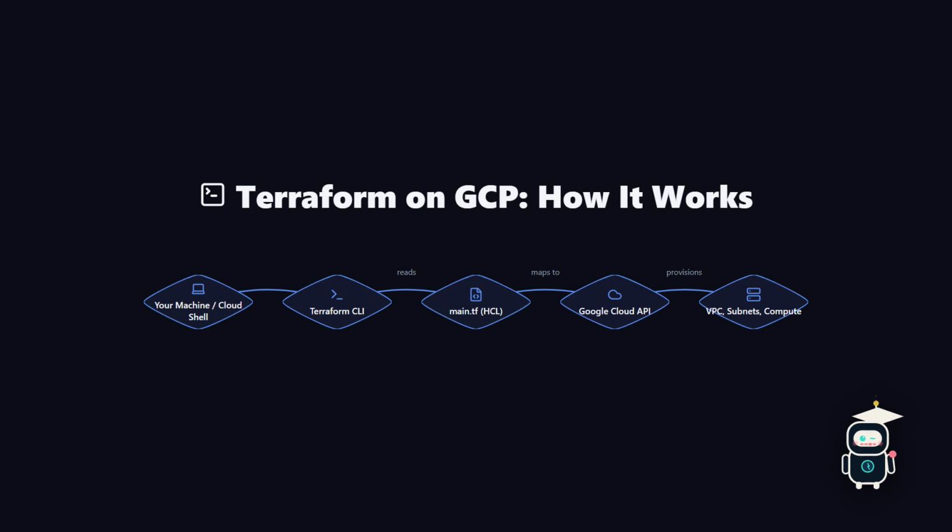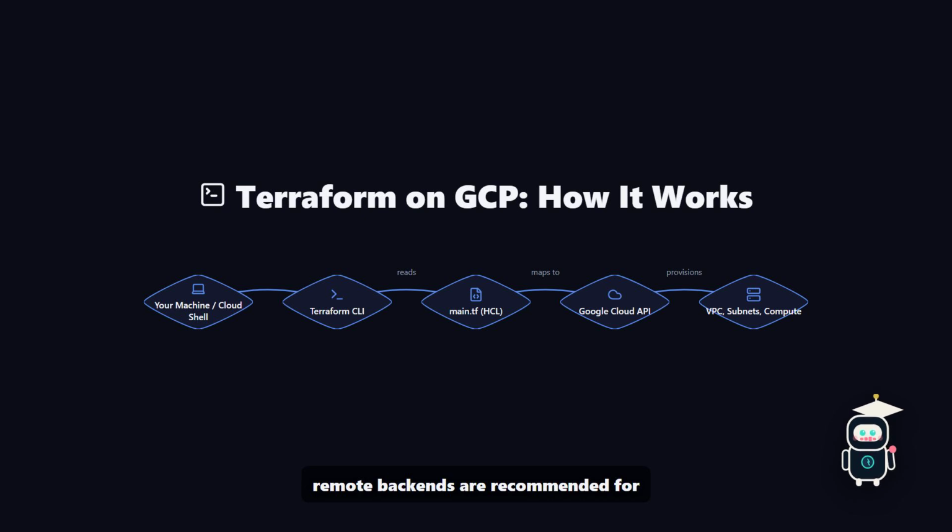Terraform processes these files and interacts with the Google Cloud API to provision real resources like VPCs, subnets, and compute instances. It tracks the state of your infrastructure, which can be stored locally, though remote backends are recommended for shared environments. This design gives you full control over the provisioning process.